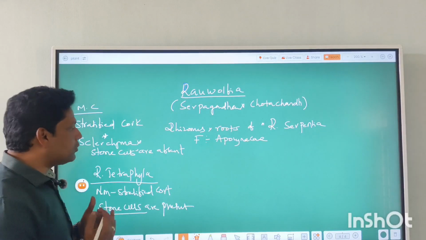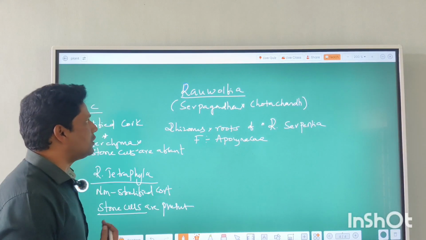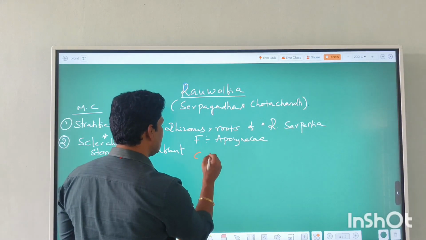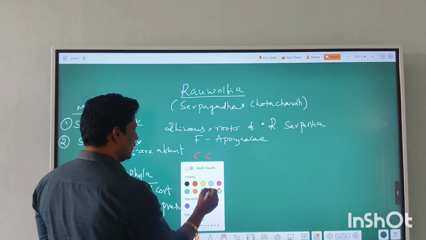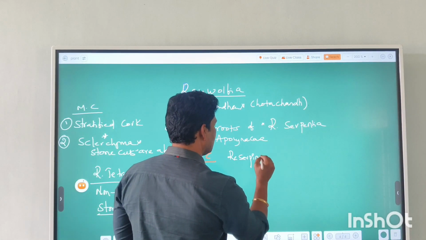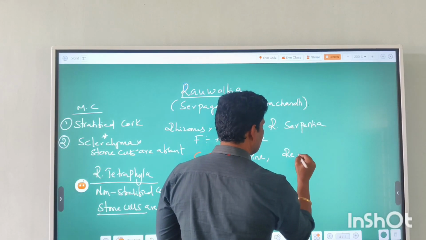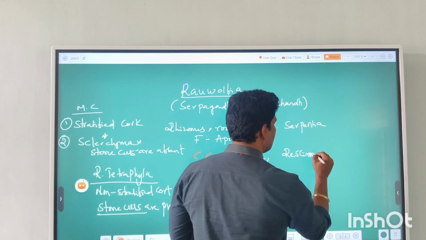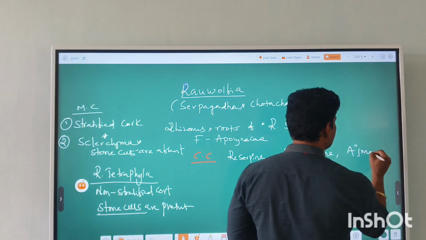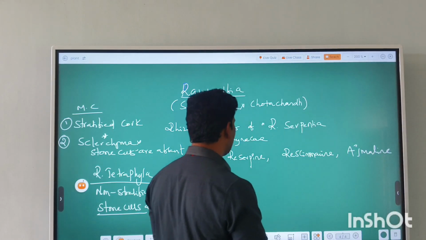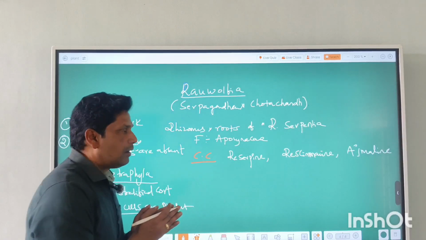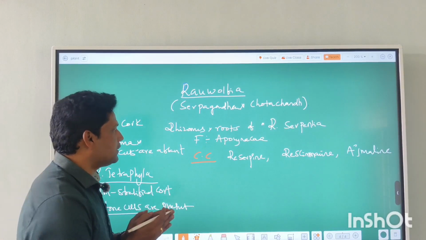Coming to the chemical constituents of Rauwolfia, they include reserpine, rescinnamine and ajmalicine. Reserpine is the major chemical constituent. It has very high therapeutic importance.